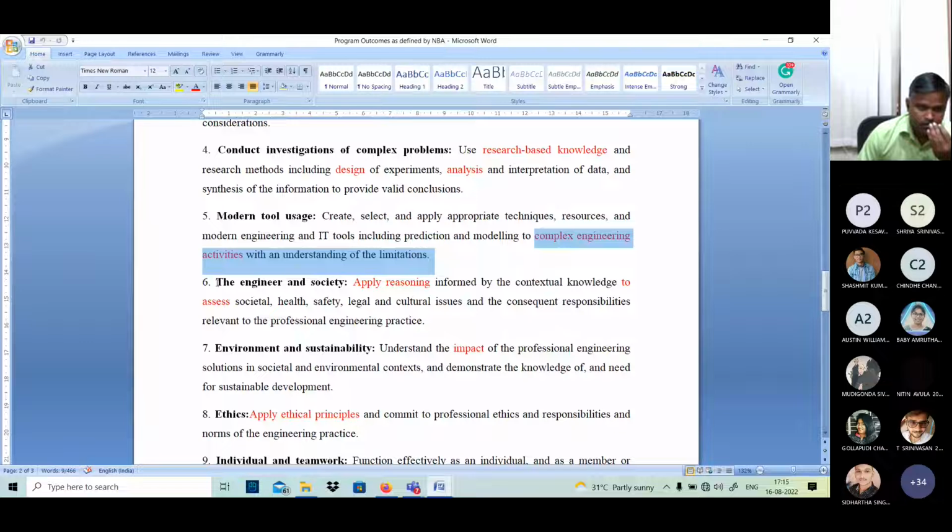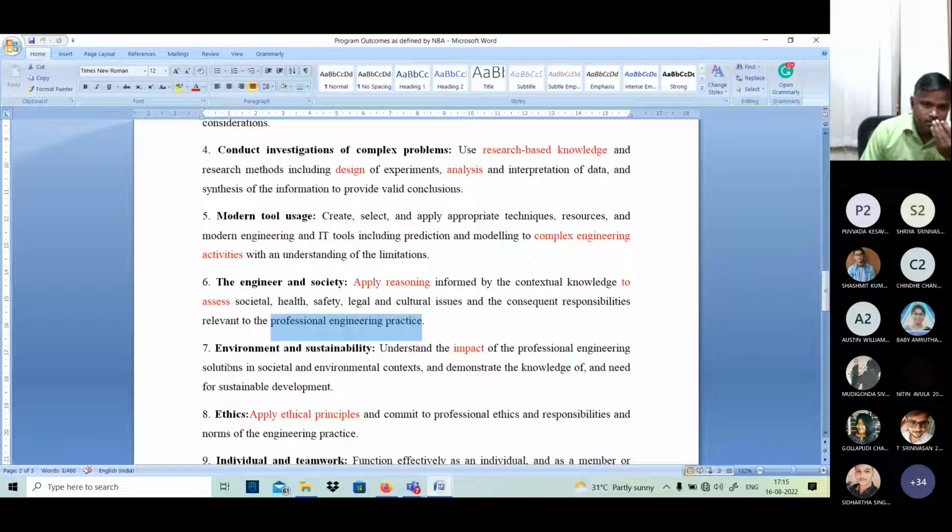The sixth program outcome, engineer and society. So when a student is getting the graduation, he is able to apply his reasoning knowledge to assess the society, health, safety, legal, and cultural problems relevant to the professional engineering practice.